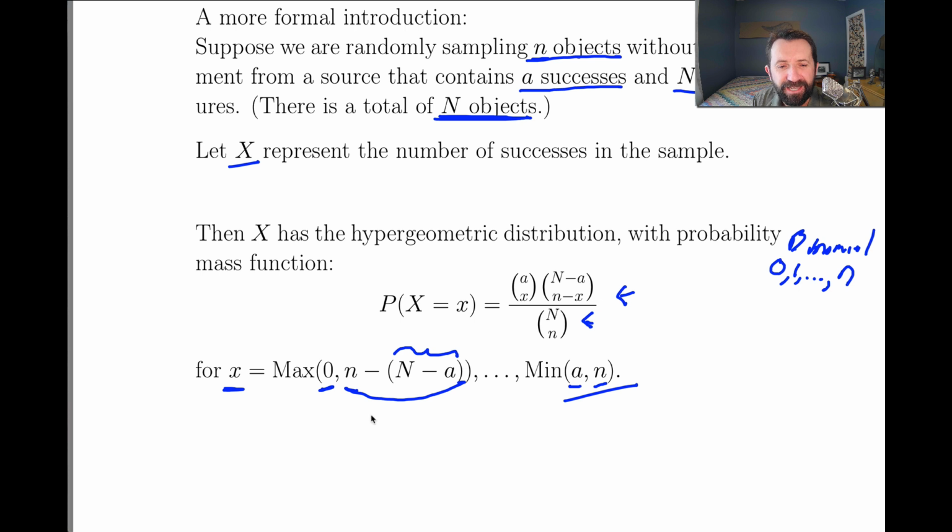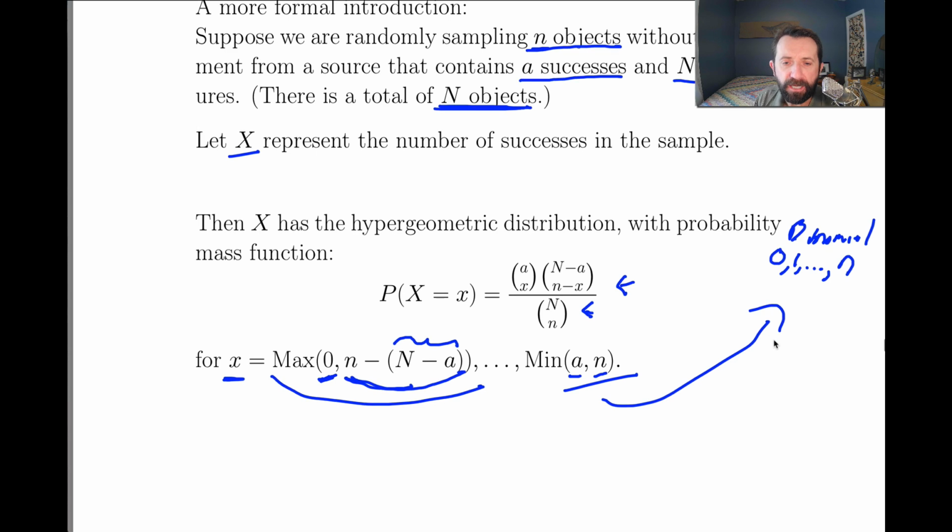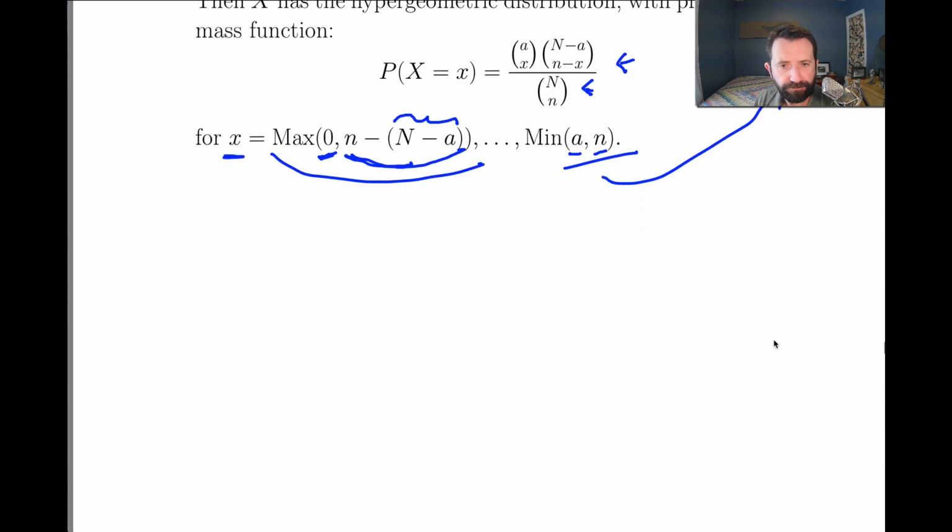So our minimum number of successes can't be less than 0, and it can't be less than little n minus capital N minus a, so the minimum value is going to be the maximum of those two quantities. A little bit harder to think about. This all ports over here in a related way, just a little bit more complicated. Okay, not a huge deal, that part.